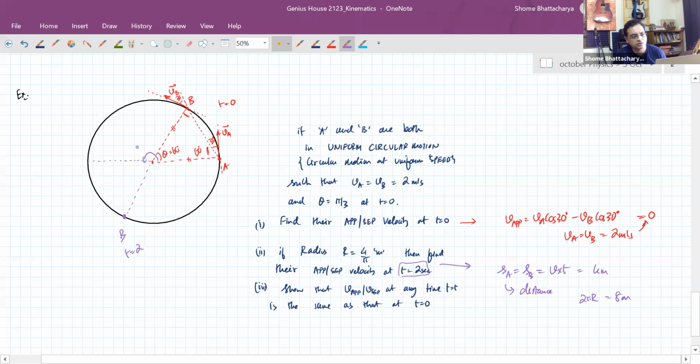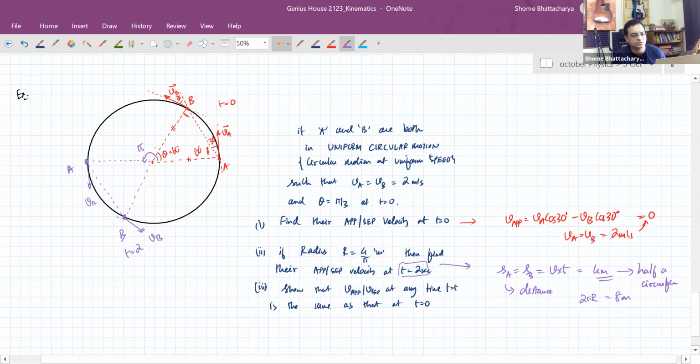They've covered an angular displacement, what we call, and we'll talk about all these things in more detail in circular motion later. So each of them has covered an angular displacement of this. The distance they have covered is half a circumference. Okay, so they are here. And at this moment also the situation is the same: VA is equal to VB.